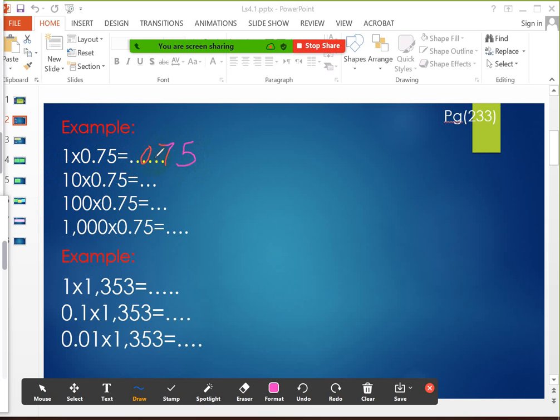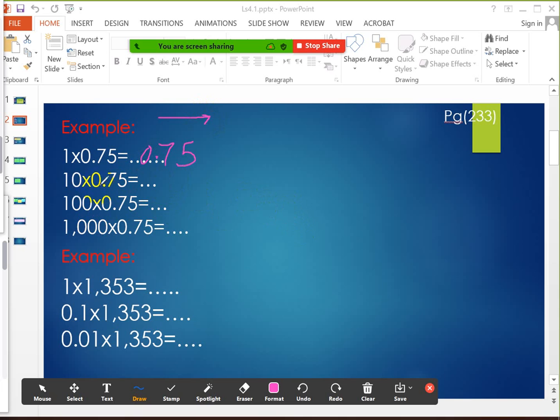Okay? Now, what about if I want to multiply 10 with 0.75? Okay, you remember I told you if you multiply a decimal number with a tens number, you have to move the decimal point to the side, with the number of digits equal to the number of zeros. What does that mean?